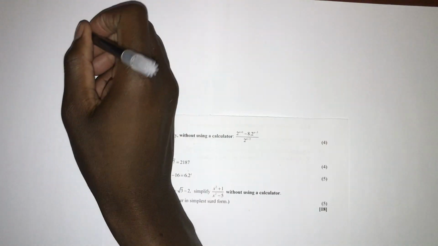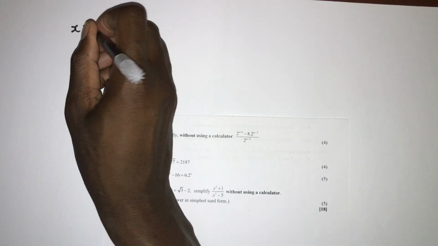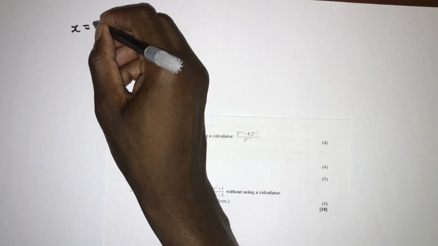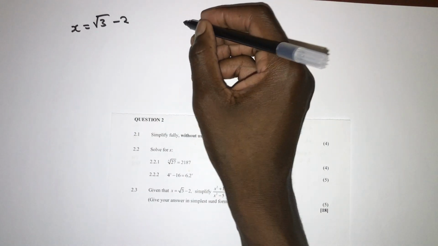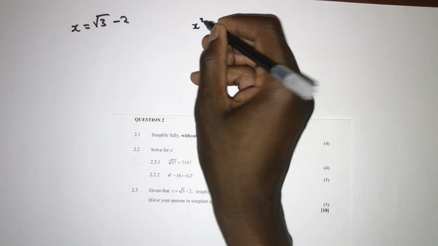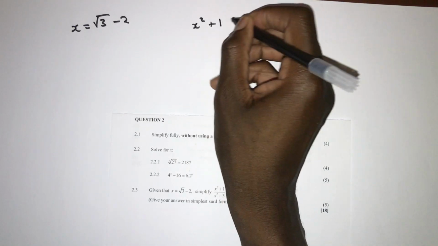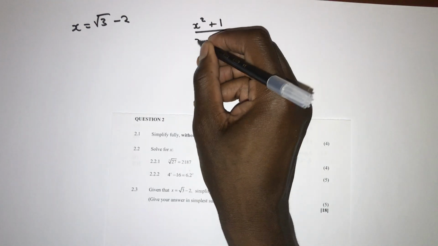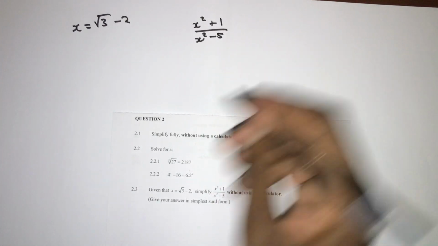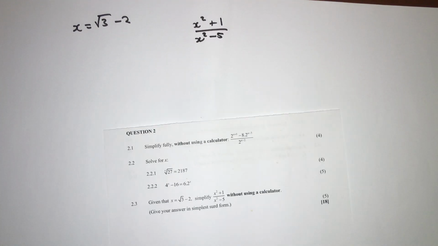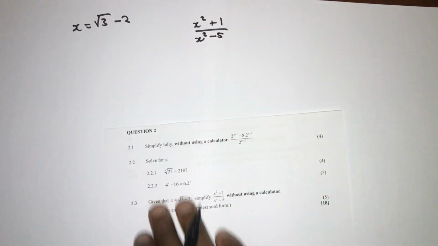So let's check. They said x is root 3, then minus 2. They said we must simplify x squared plus 1 over x squared minus 5, without using a calculator.